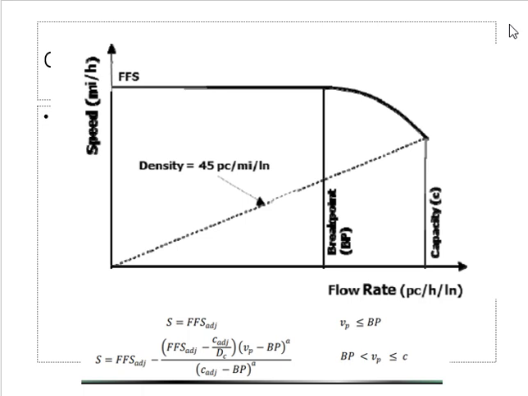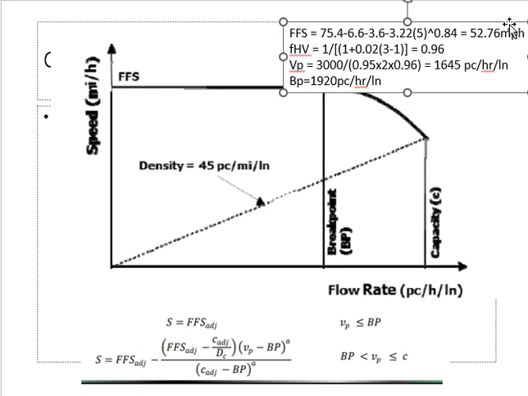Less than breakpoint or more than breakpoint? Less, right? So my breakpoint is 1920, and my flow rate is 1640. So I'm behind the breakpoint. That means my speed is free flow speed. So now I can find out density using the free flow speed: flow rate upon speed. How much is density now?